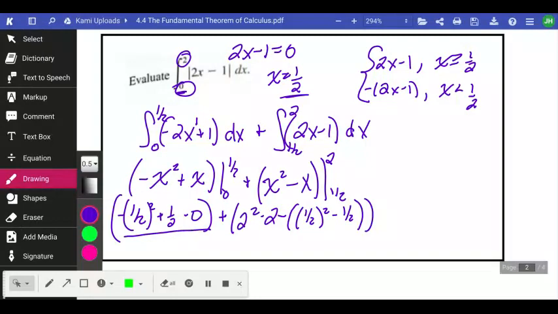Let's simplify this set of parentheses first. We'll have negative 1/2 squared, but the negative's outside, so it'll be negative 1/4. And then negative 1/4 plus 1/2 is 1/4. Minus 0. Then we'll have 2 squared, which is 4, minus 2, which is 2.